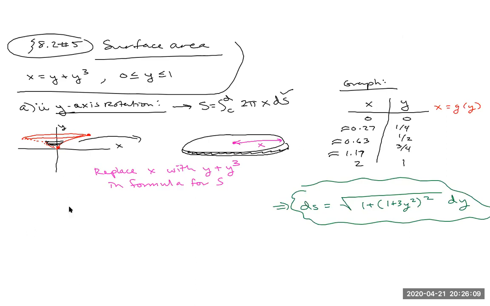So s is equal to, we have our bounds again, 0 to 1 for y. We have 2 pi times x, which is given in terms of y here. And then we have our ds part next door.